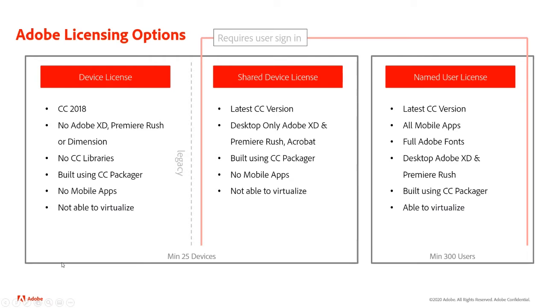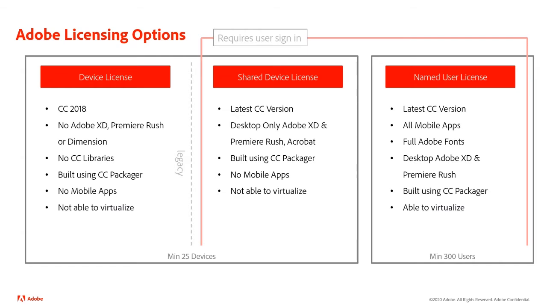On the left-hand side here, we have the device license, which is the traditional way of licensing software, where you license it per device. I've put in here legacy because this type of license didn't require users to sign in. It runs Creative Cloud 2018, which is now three versions behind the current version, which means you don't get tools like Adobe XD, which is great for mocking up mobile apps and websites.